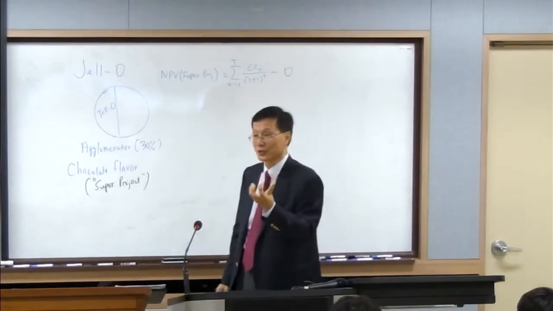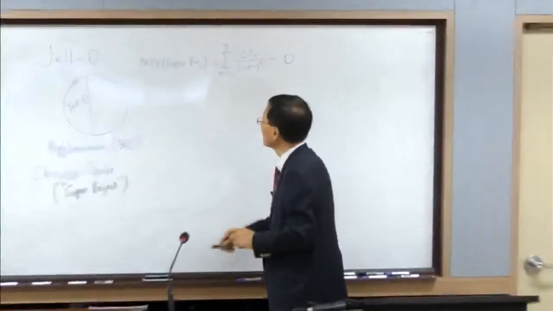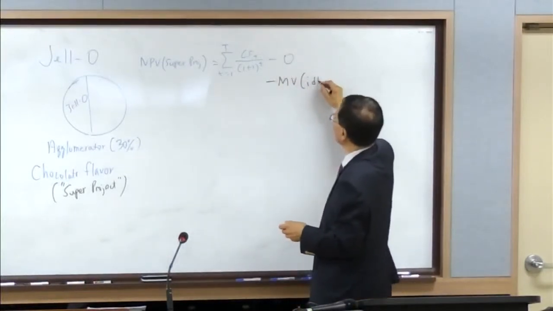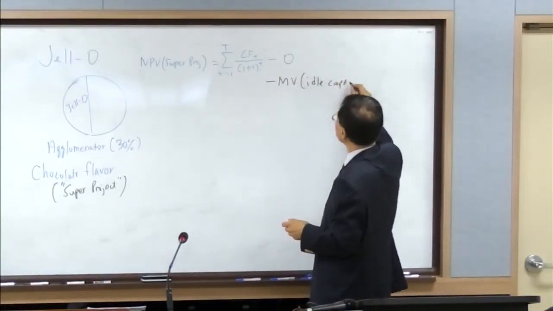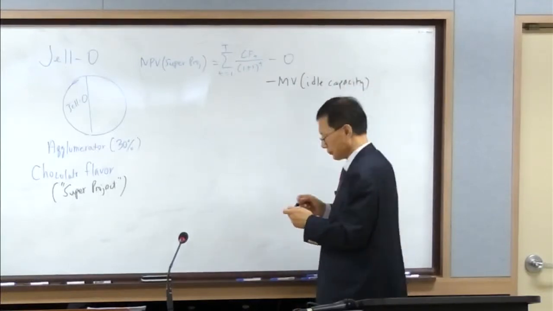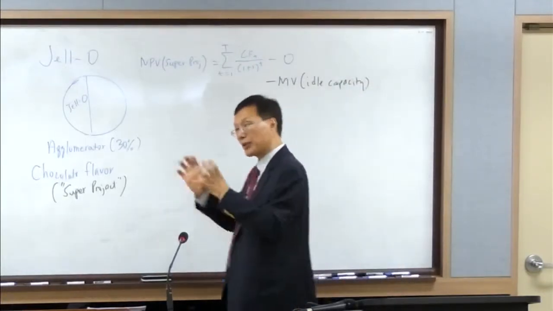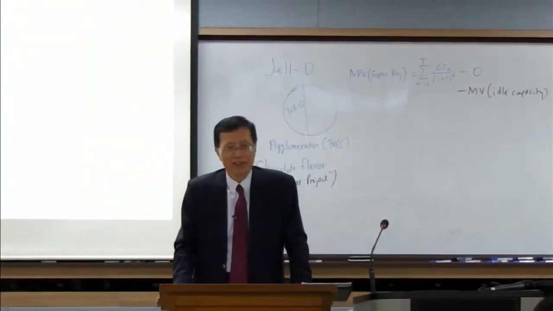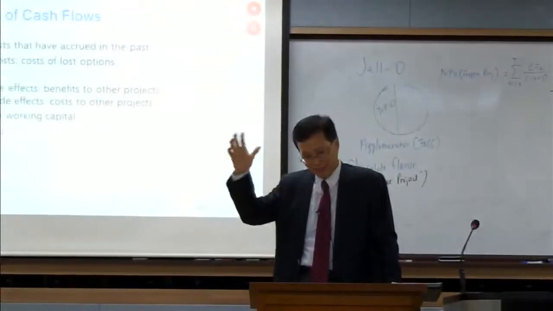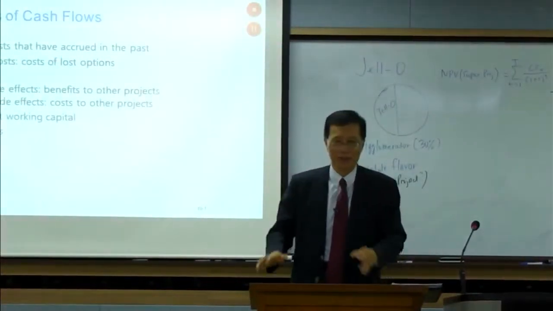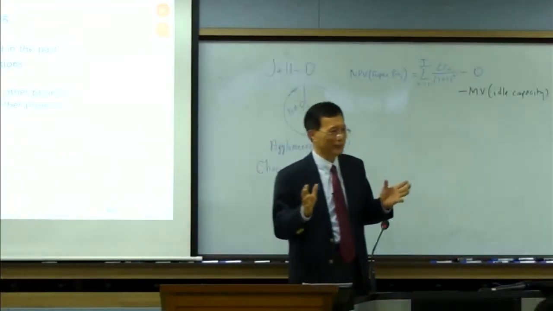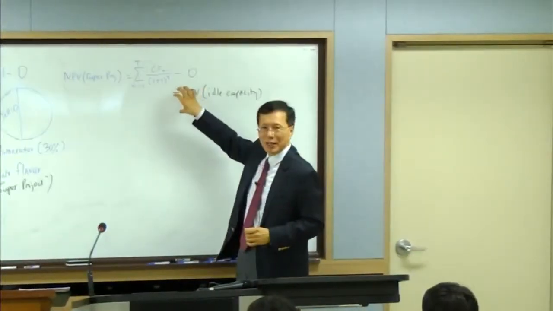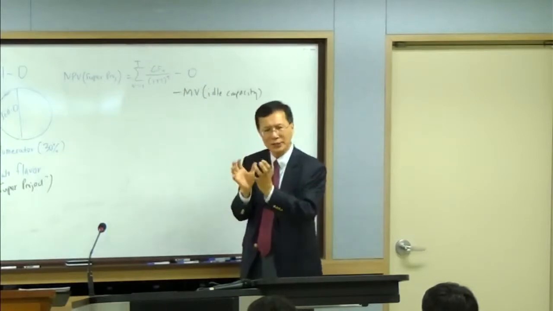It is costly. Therefore, you subtract the market value of idle capacity. This idle capacity has market value, and you subtract it. How to do it can be left to those people who are good at techniques, but the concept is that you have to subtract the market value of that extra capacity.